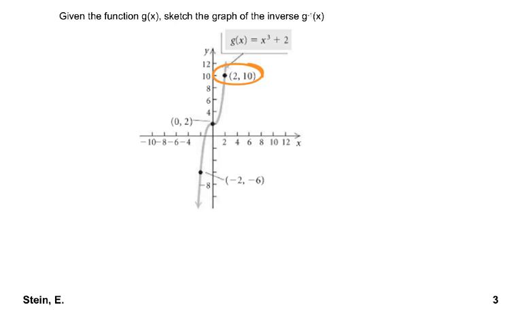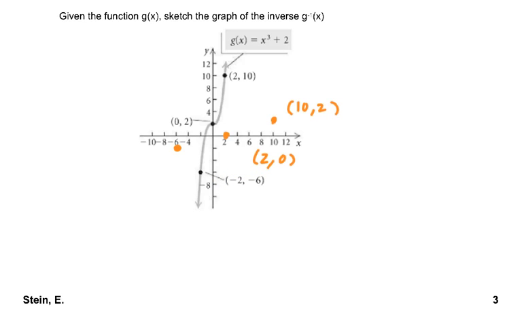So 2, 10 is going to become 10, 2. 0, 2 is going to become 2, 0. And my last point, negative 2, negative 6, is going to become negative 6, negative 2.